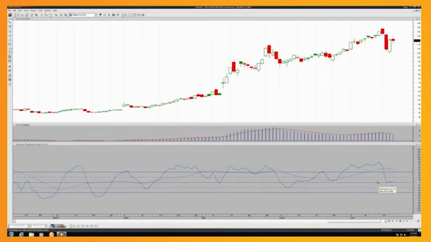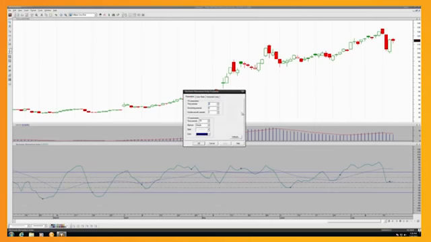Okay, so let's talk a little bit about what this fast stochastic momentum index is doing for us. Now, this is a 6-15 stochastic momentum index. Let's take a look at what smoothing does first, and then we're going to actually use it dependent on what our personality types are like, all right?